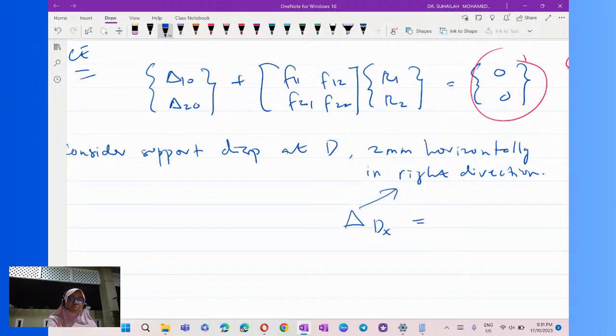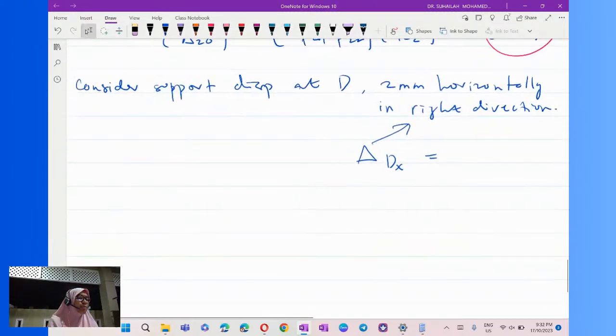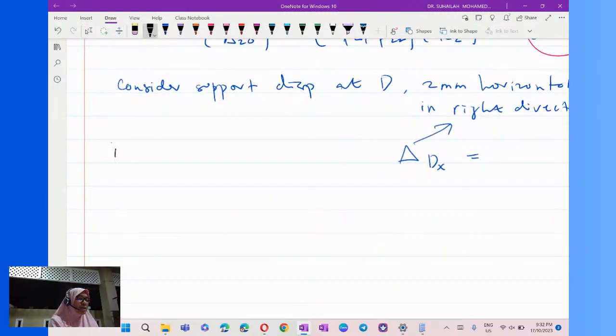It is 2 mm. You have to choose it like this: if there is support settlement, number one, the redundant is that support settlement.